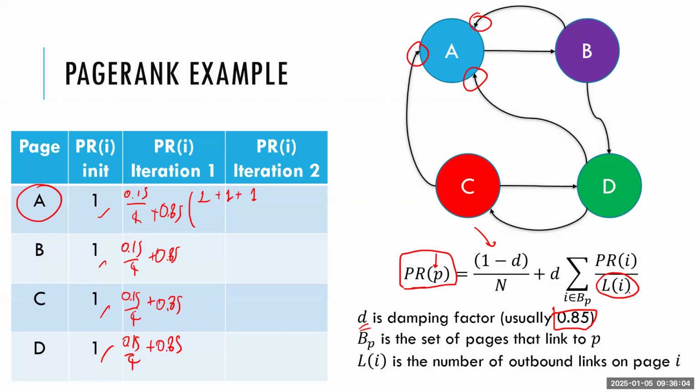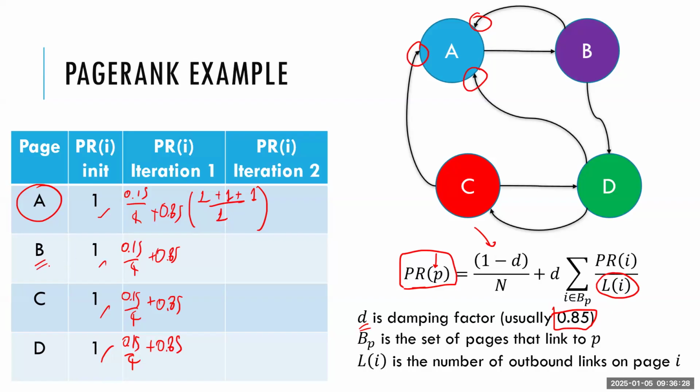and then it's divided by L_i, which is the number of outbound links. So A has only 1 outbound link, so it's divided by 1. So this is the score of page A after the first iteration.